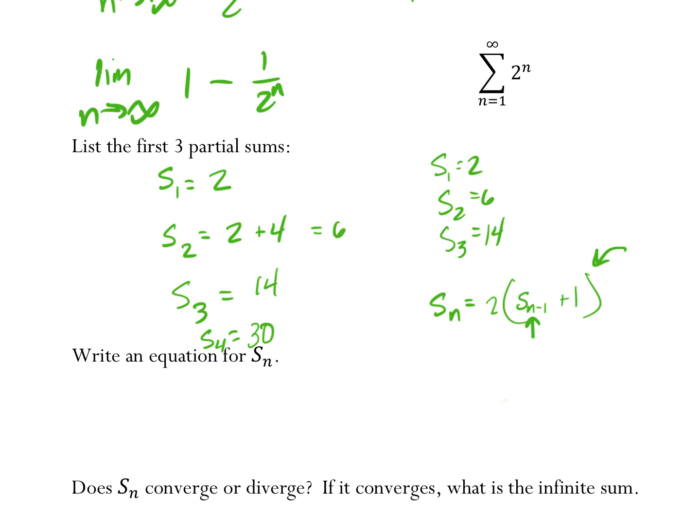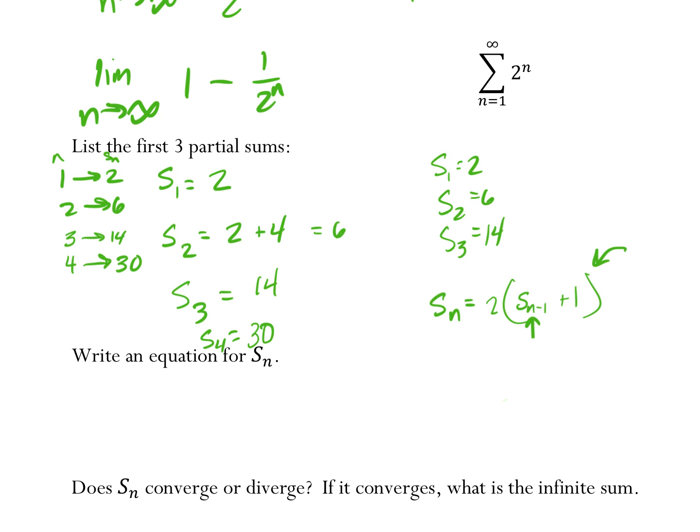But what we want to do is come up with a relationship that maps 1 to 2, 2 to 6, 3 to 14, where this is the n and this is the S sub n. And since we just figured out 4 to 30, we want to write that S equation in terms of n, not just the previous term.